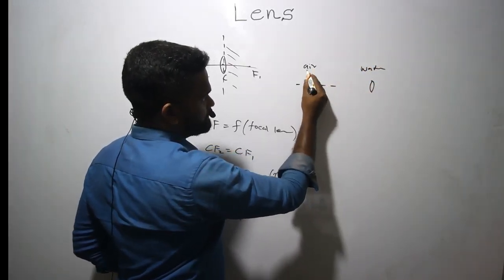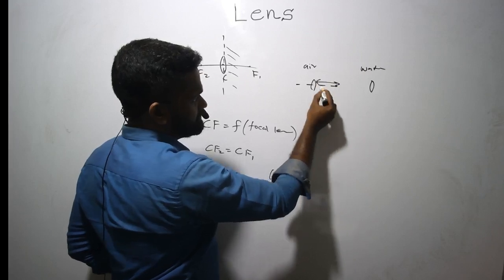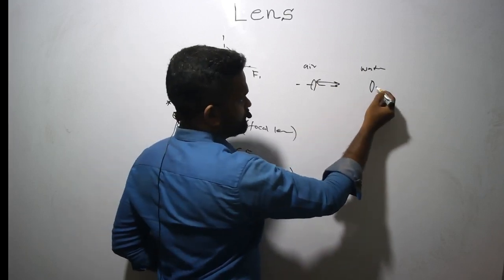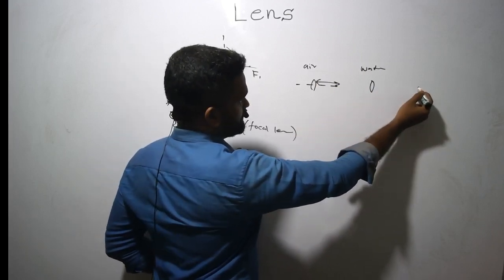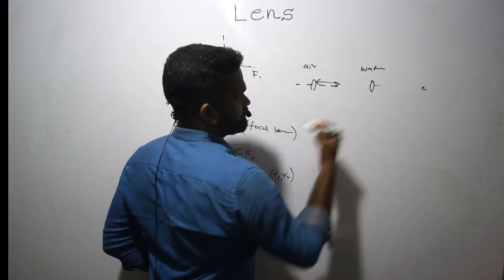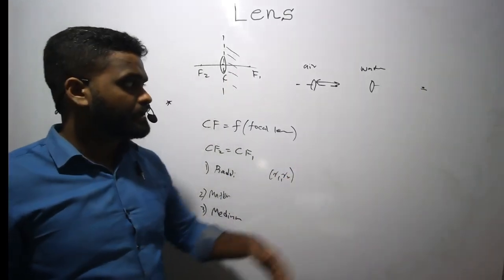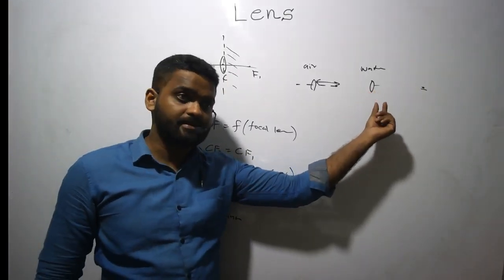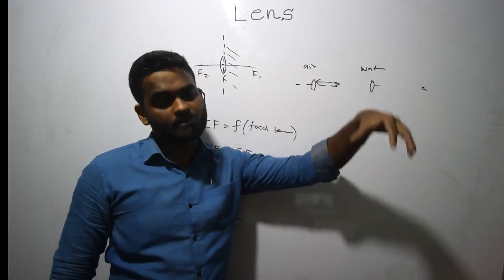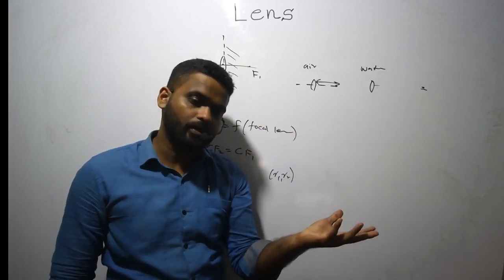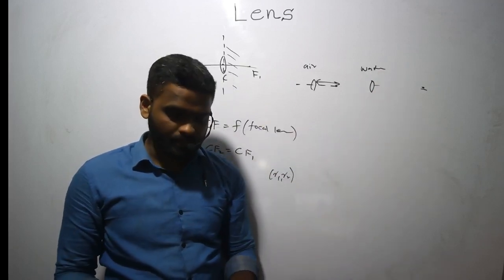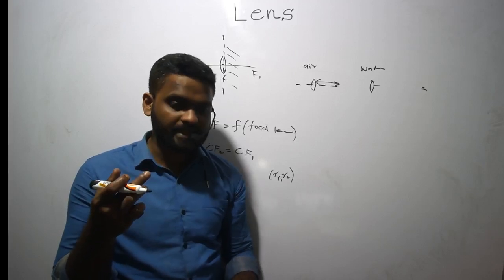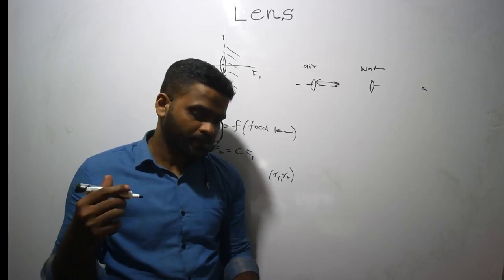If the focal length for air is somewhere here, when it is water, the focal length will be somewhere here. Even if it is the same lens, in different mediums we have different focal lengths. We'll clarify that using an example.